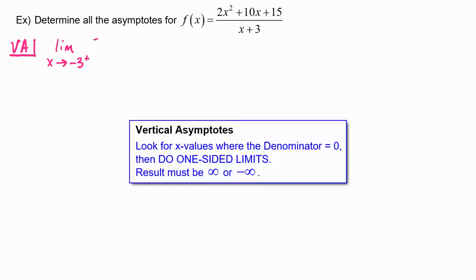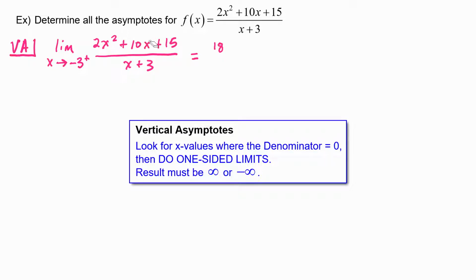We have 2x squared plus 10x plus 15 divided by x plus 3. Now the first thing that you always try is direct substitution. So if we put -3 in for the x, this will turn into 9 times 2, which is 18.